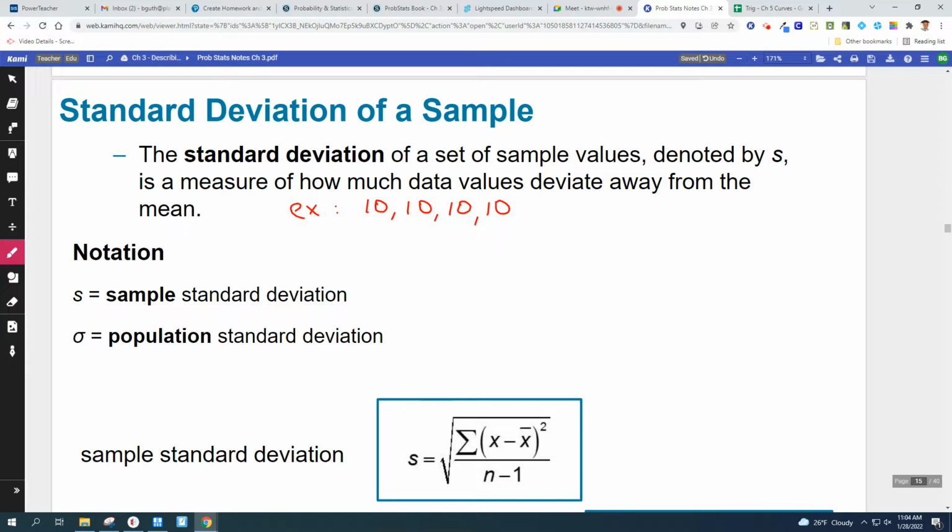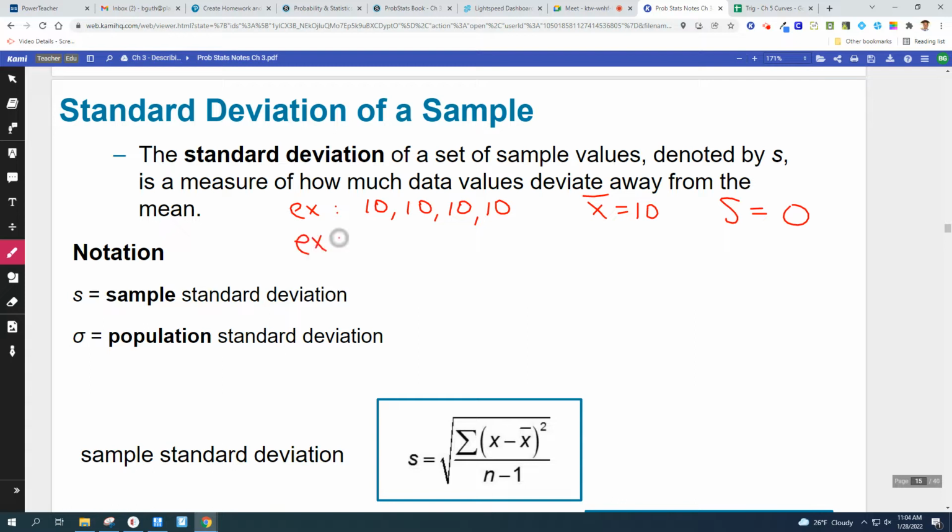The mean is 10, and those numbers are all equal to 10, so the standard deviation is 0. Those numbers don't vary from the mean because they're the same as the mean, so the standard deviation is going to be 0.